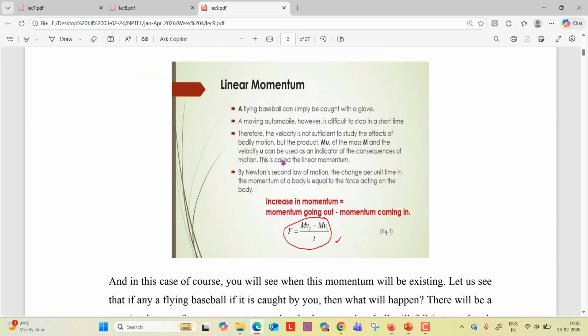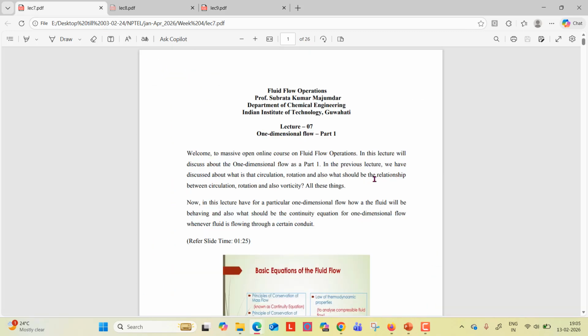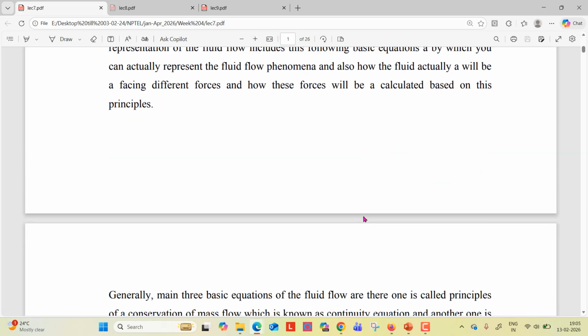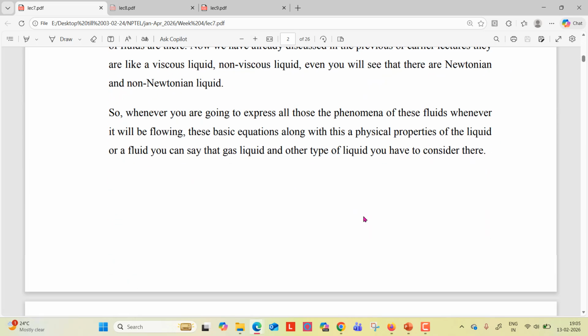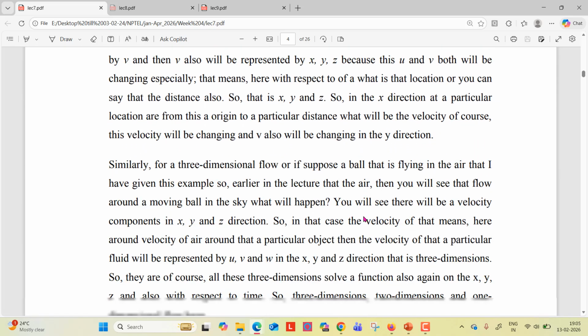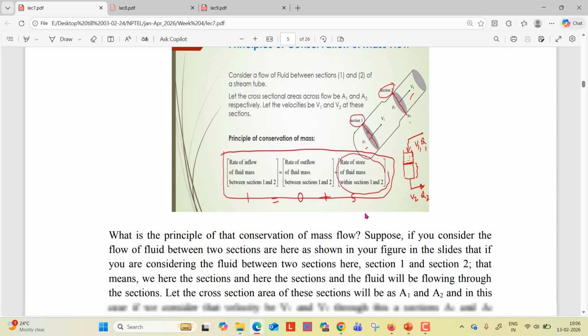Okay, so first will come the mass balance equation, then comes the momentum balance equation, then comes the energy balance equation. Okay, so this is talking about the conservation of mass.